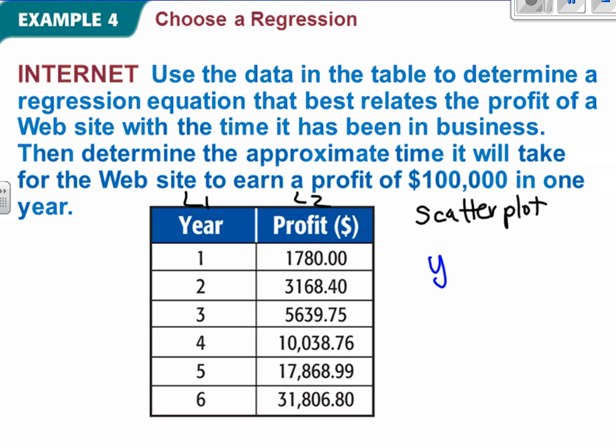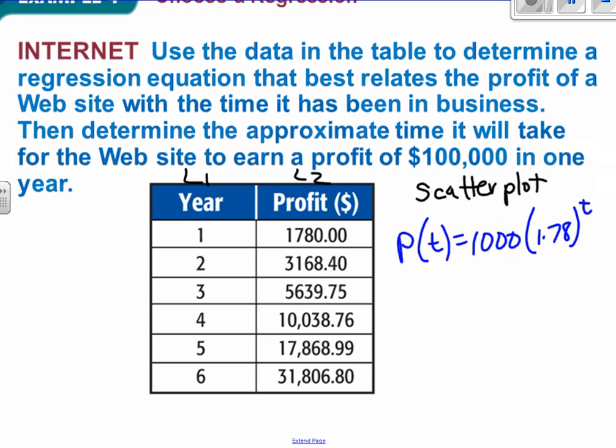That's P of t equals 1,000 times 1.78 raised to the t. And then it says determine the approximate time it will take for the website to earn a profit of $100,000 in 1 year. And so that is going to be when this is 100,000. We're going to do that on the calculator. So type this in Y1.